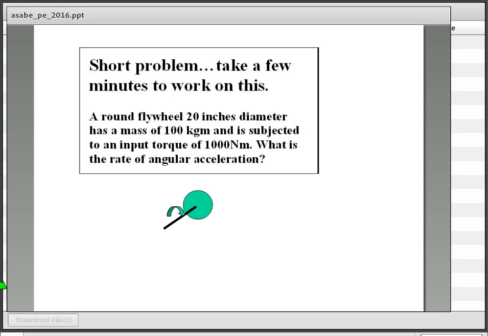We have a flywheel, round cylindrical mass, 20 inches in diameter, with a mass of 100 kilograms, and is subject to an input torque of 1,000 Newton meters. Question is, what is the rate of angular acceleration of that body?